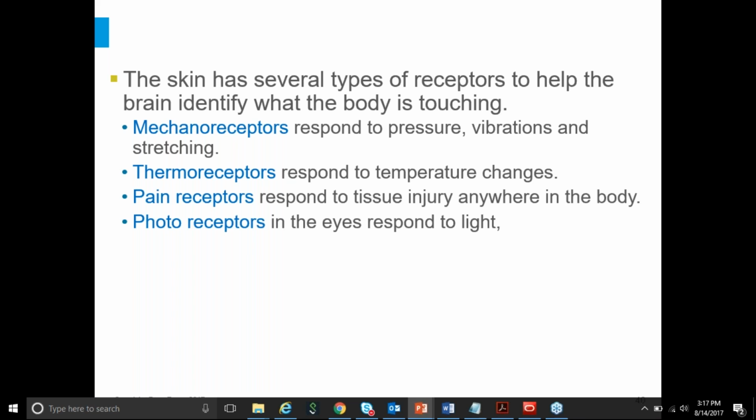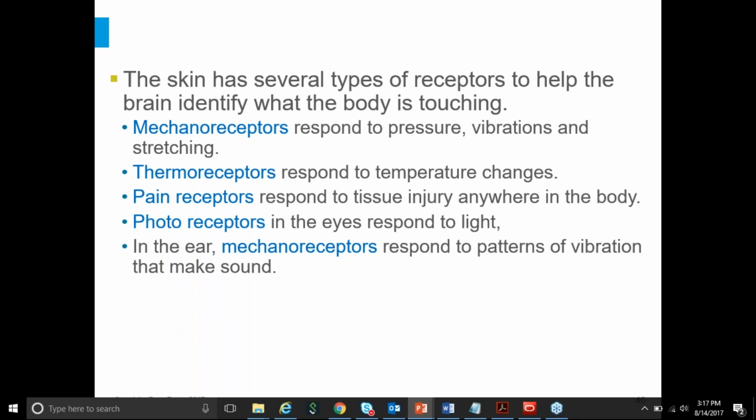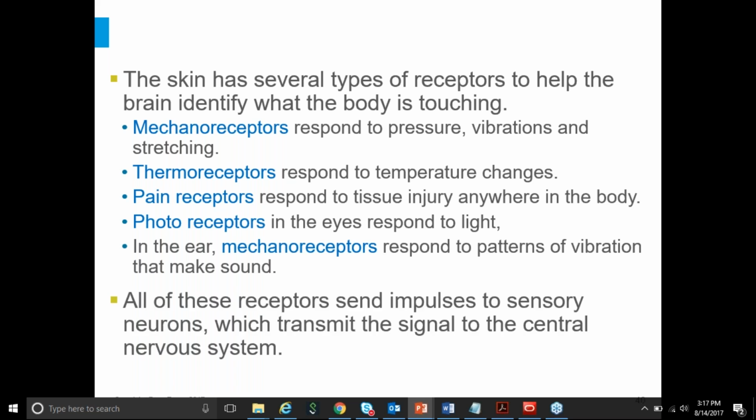Photoreceptors in the eyes respond to light, transmitting information about the frequency and intensity of the light waves. In the ear, mechanoreceptors respond to patterns of vibration that make sound. And all of these receptors send impulses to sensory neurons, which transmit that signal to the central nervous system.